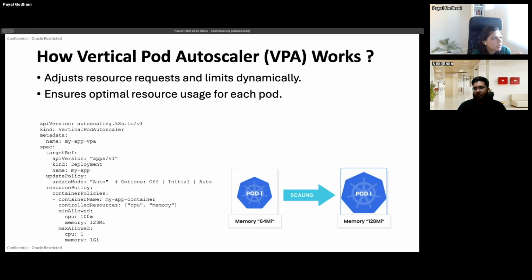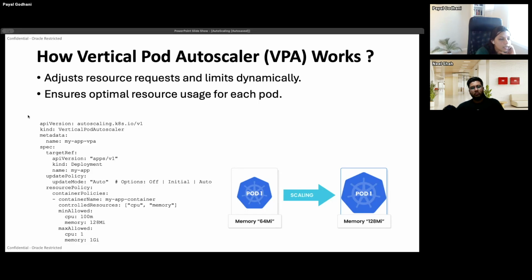So now, coming to the vertical pod autoscaler. The vertical pod autoscaler is very resource driven, meaning it is very constrained as compared to the horizontal pod autoscaler. The horizontal pod autoscaler allows you to monitor different metrics: CPU, memory, network. But the vertical pod autoscaler allows you to tune just based on memory and CPU.